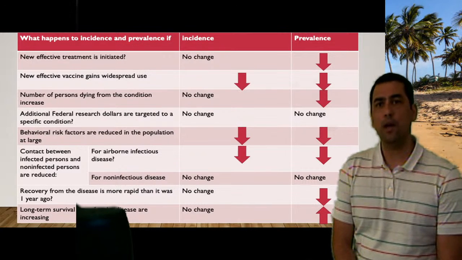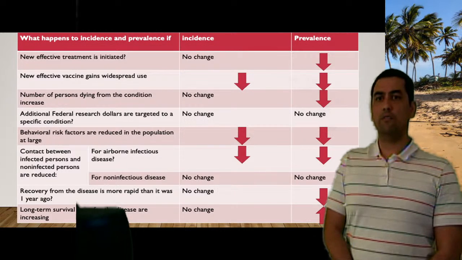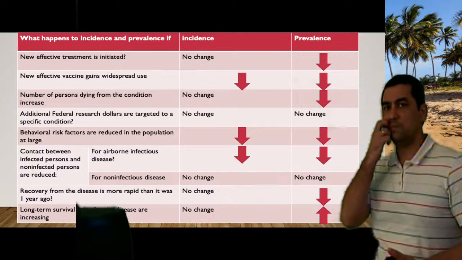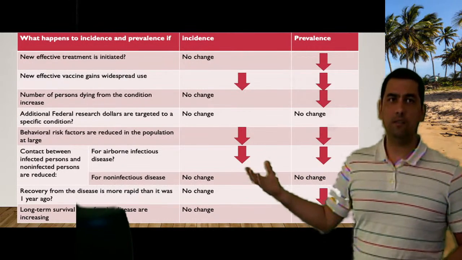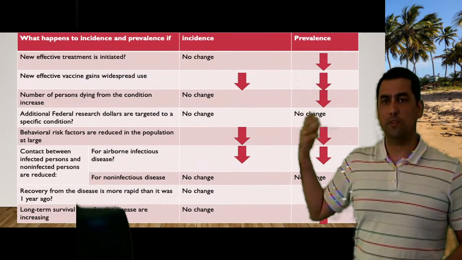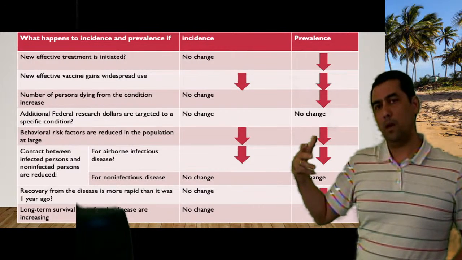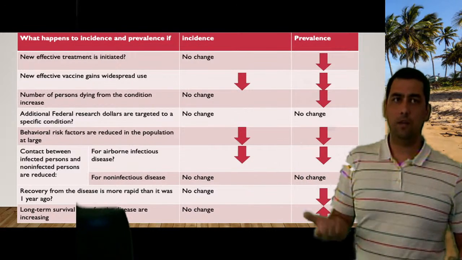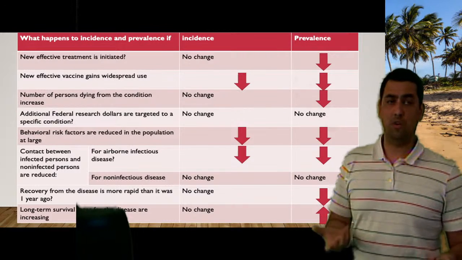But if long-term survival rates for the disease are increasing, for example, hypertension. Before 40 years ago, if you had hypertension, people died of acute myocardial infarction and stroke.